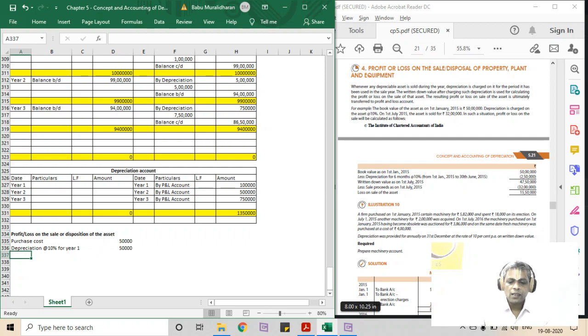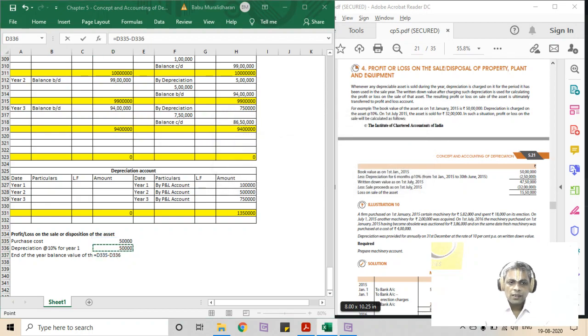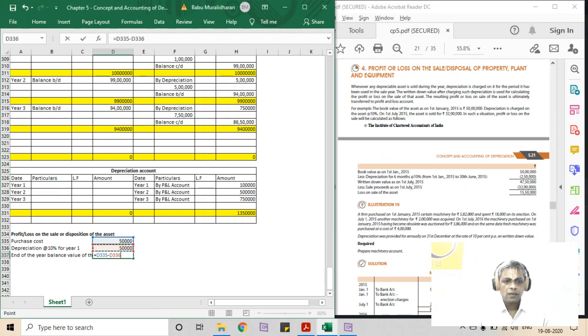So at the end of the year, the balance value of the asset is equal to 4,50,000, which is 5 lakhs minus depreciation for the year, 5 lakhs minus 50,000. So 5 lakhs minus 50,000 will be the value of the asset.